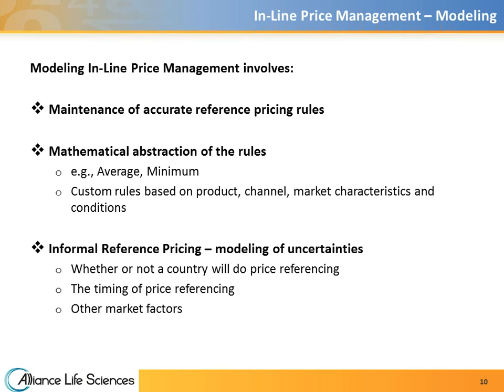While some countries might say I'm going to use an average or I'm going to use a minimum rule, oftentimes this can be somewhat creative. And as we go through more of this practice, the way reference rules are changing today, we should not be surprised if we come across more creative rules.